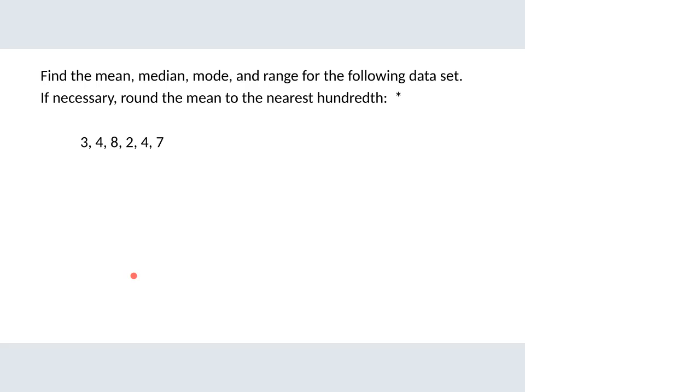So you can use the formula to find the mean, or you can use your prior knowledge of what the mean is to find the mean. We'll go another, let's say 20 seconds on this, and then we'll talk about it.